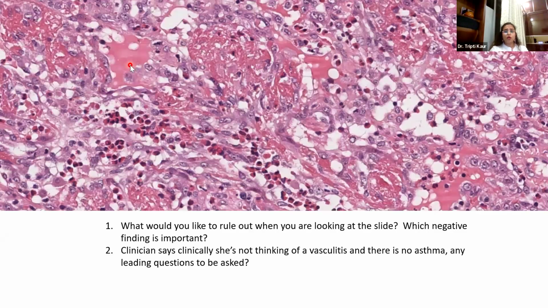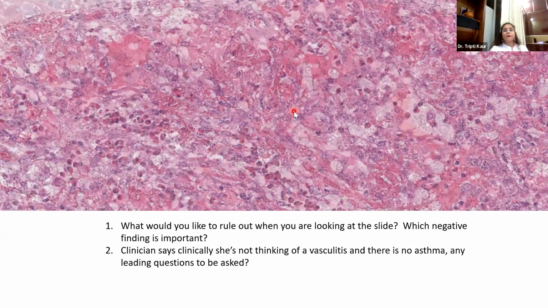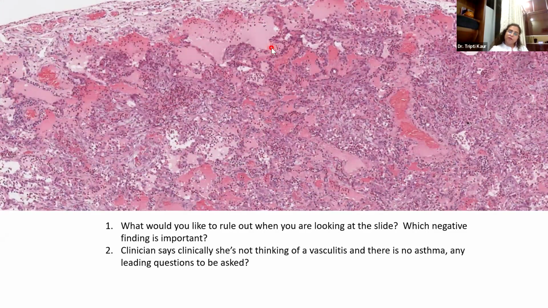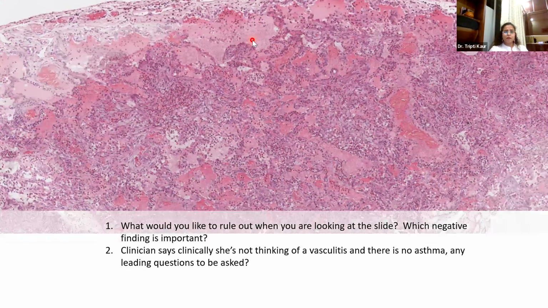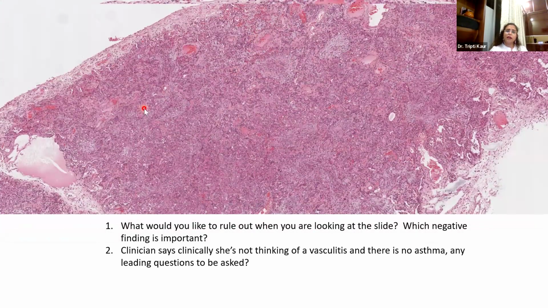On a closer look, you can see fibrinoid exudate within the alveolar spaces and a good number of eosinophils with eosinophilic microabscesses. Then these are the peripheral alveolar spaces showing a lot of edema. In other areas, you can see fibroblastic plugs. These plugs are very pale looking because they are rich in mucopolysaccharide.